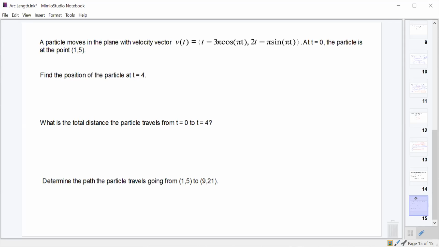And that will give us the displacement from 0 to 4. So I guess we'll do the x component first, 0 to 4. And the integral of 2 minus 3 pi cosine pi t dt should be what? t squared over 2. And then this should become minus 3 sine pi t, using a simple u sub with u equal to pi t.